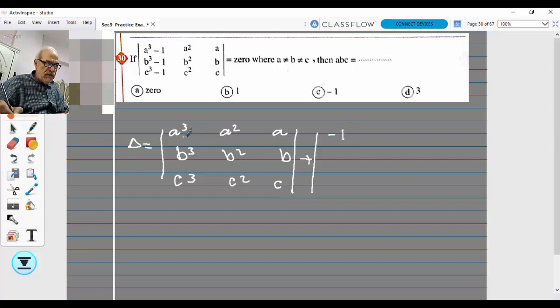Notice that A power 3 plus negative 1 equals the first element here, A power 3 minus 1. Again, here we write negative 1 minus 1, it is the same. C power 3 minus 1, it is C power 3 minus 1. Here we have A square, B square, and C square, A, B, C.